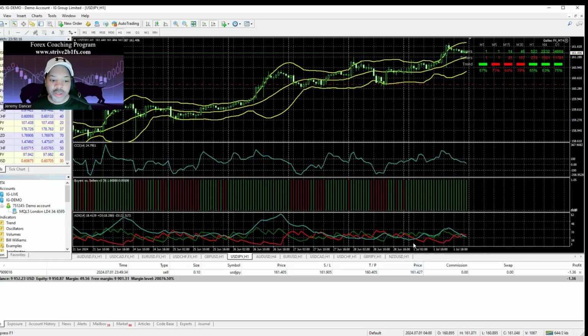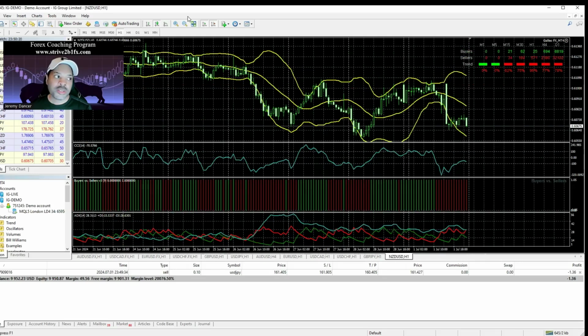It doesn't matter that I switched it to the 1 hour time frame, because since I'm using a VPS, the only data it is going off of is what I use when I first synchronize everything. All right. So there we go. So we have the 1 hour here, we have the 1 hour there. So hopefully in a few minutes here, the New Zealand US dollar will place a trade and we'll be good for the time being.